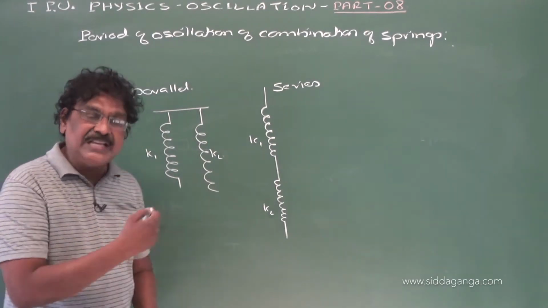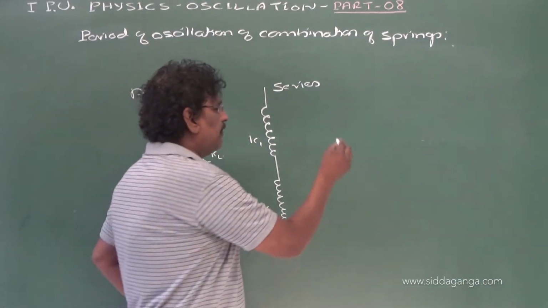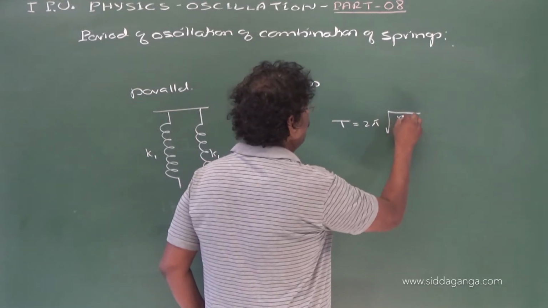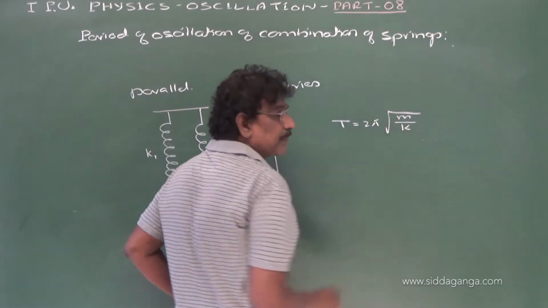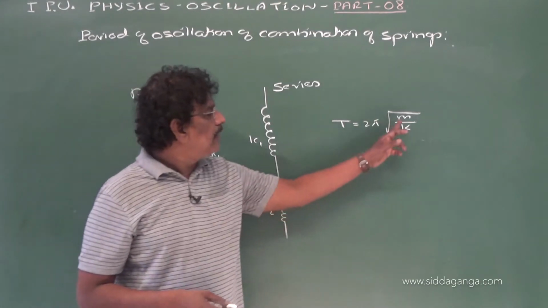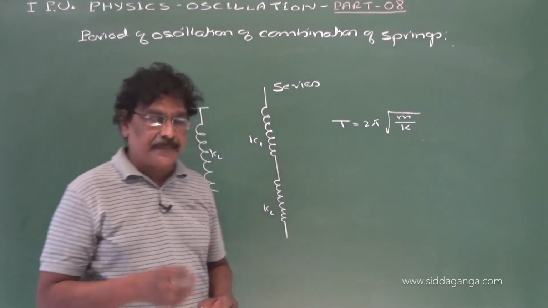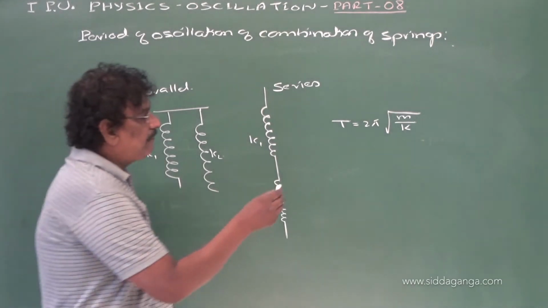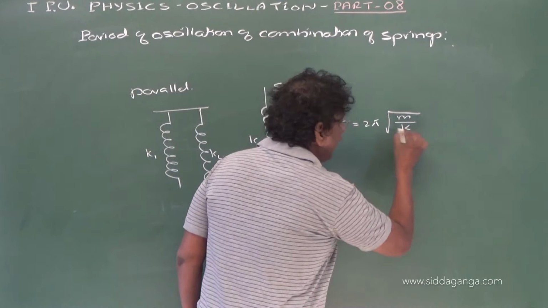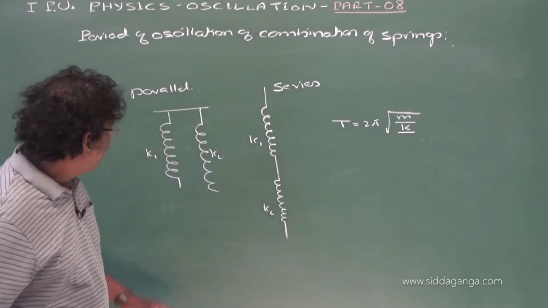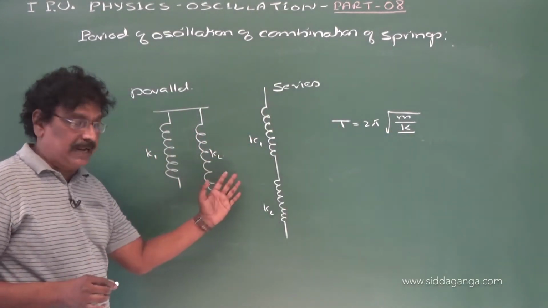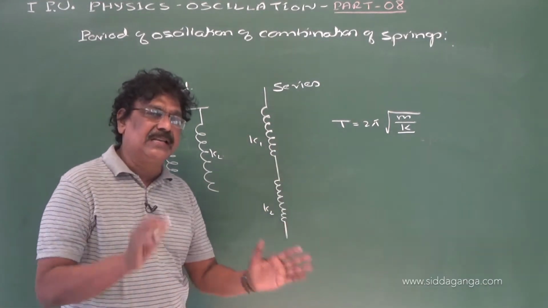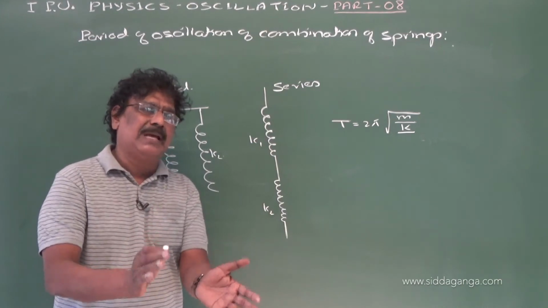Now what is the change here? In general, for any loaded spring, T is equal to 2 pi into square root of M by K when a mass M is attached. But here, since we are using more than one spring, the effective value of K has to be taken. What is the total value of K1 and K2 here? It is not just K1 plus K2.